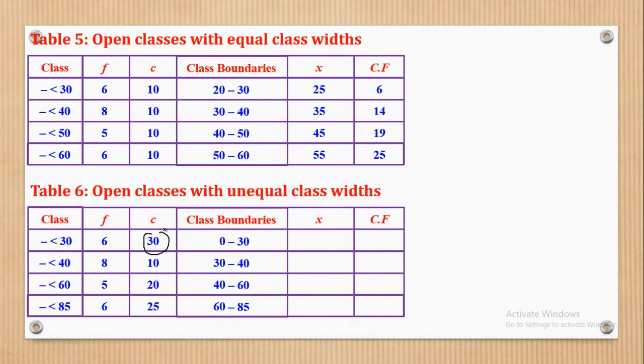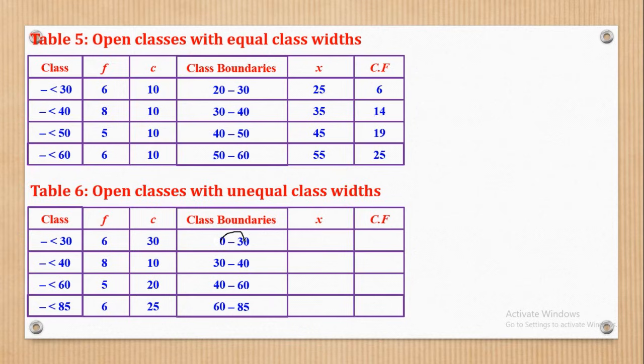It's a little tricky, but you have to master the concept, because these are the categories of classes you will encounter in a level. Okay, so now we shall go to class mark. We can't get them from class limit, so we shall use these class boundaries.